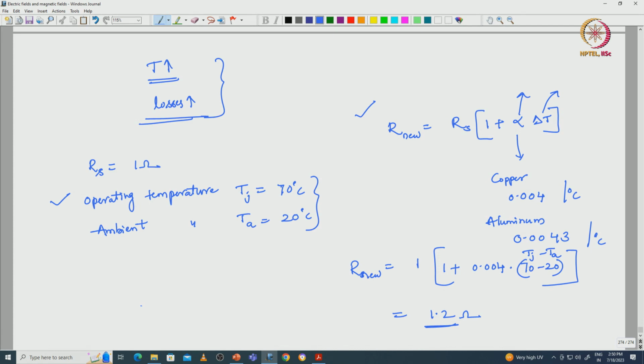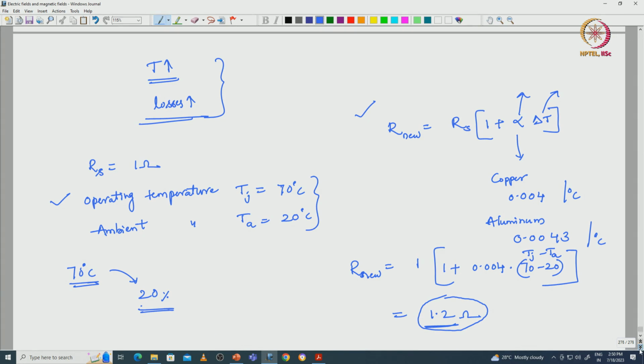If the winding temperature is 70 degrees, then the increment in the resistance we can see here is 20%. At 70 degrees Celsius, if we are operating the winding, the increment in the resistance is 20%.